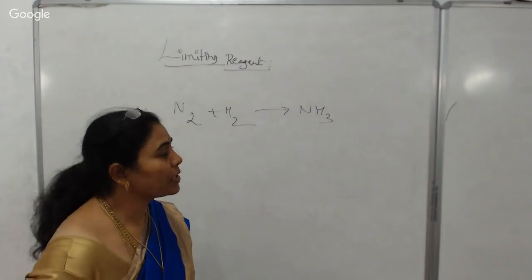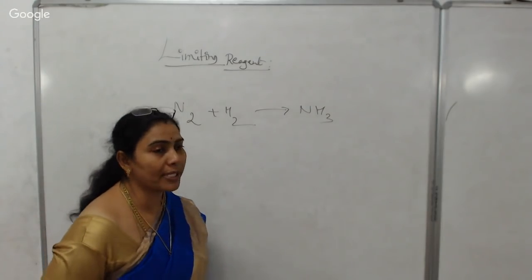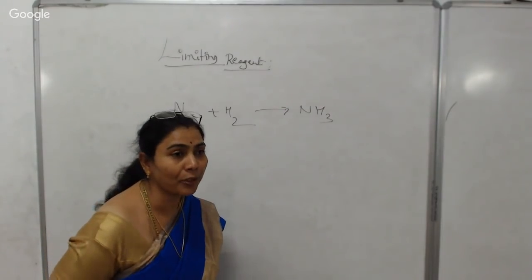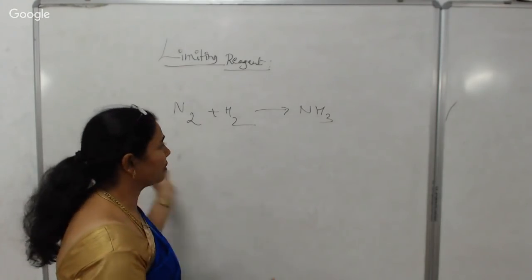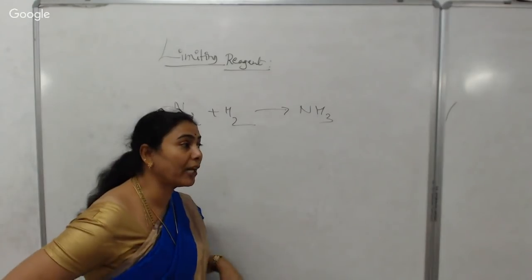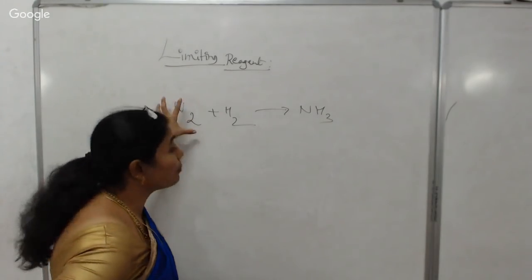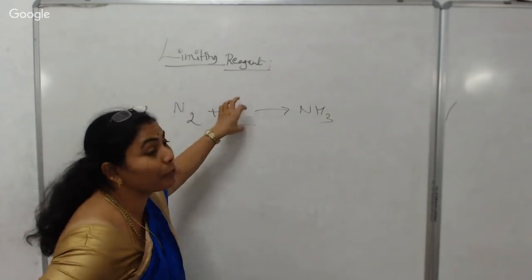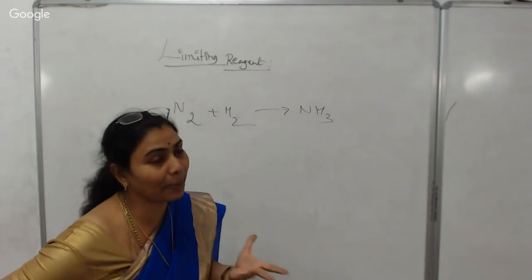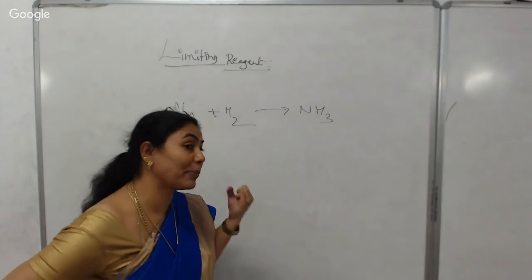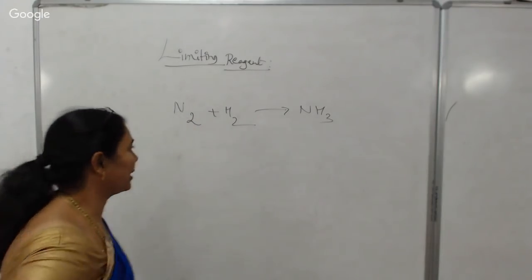Then suppose if I am not telling how many moles, generally what will the lab assistant do? She will take a little nitrogen, a little hydrogen, and mix. You will get ammonia. But she doesn't know how many moles of nitrogen and how many moles of hydrogen she has to take. If I am not telling, sometimes it may be excess or sometimes it may be less.